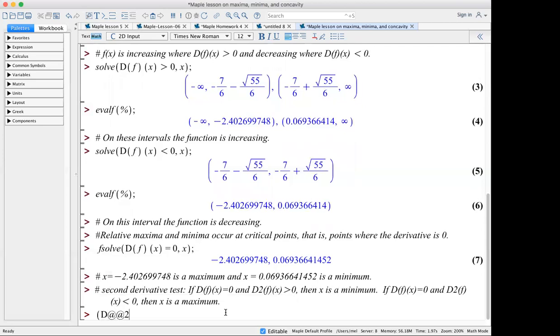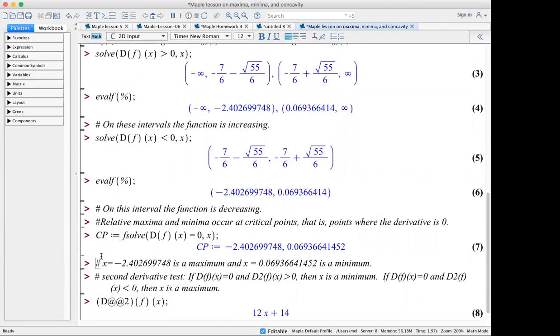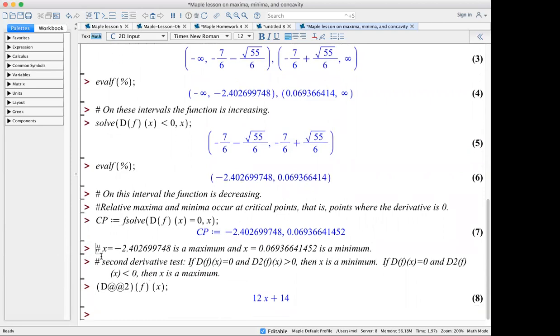D at 2 of f of x, that's the second derivative. And let me give these 2 points a name. Let me call it, let's say, CP for critical points.